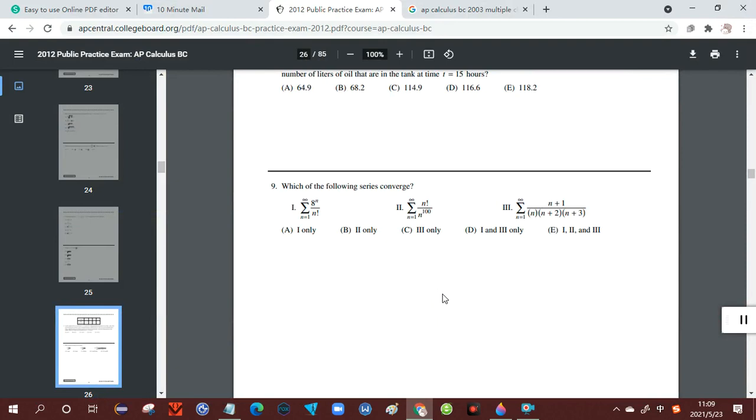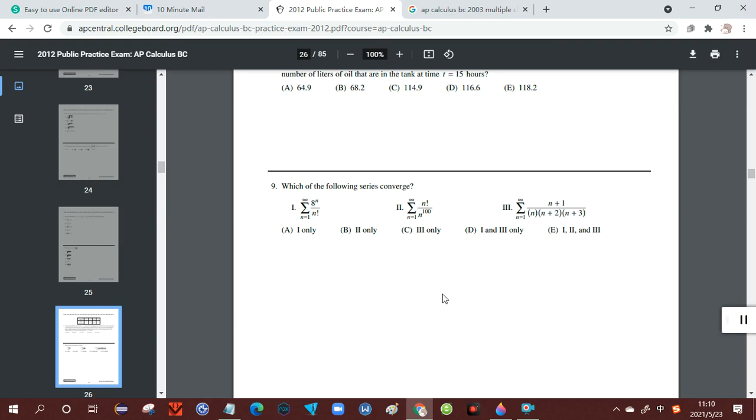Let's look at problem 9. Which of the following series converge? So let's look at choice 3 first.